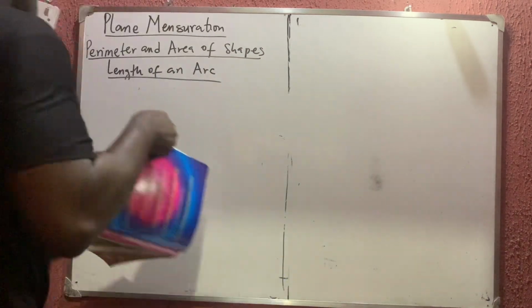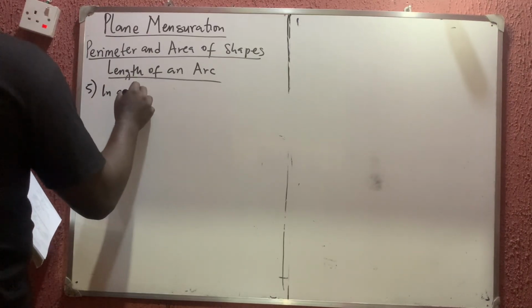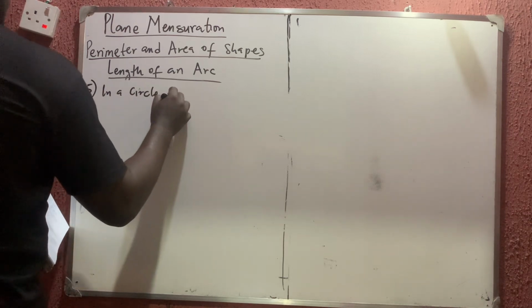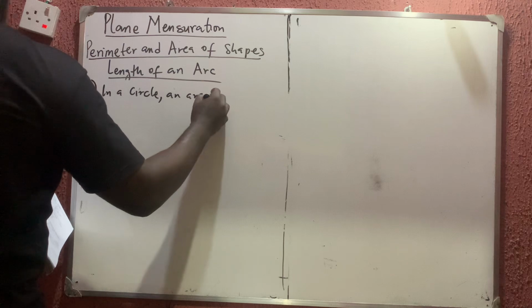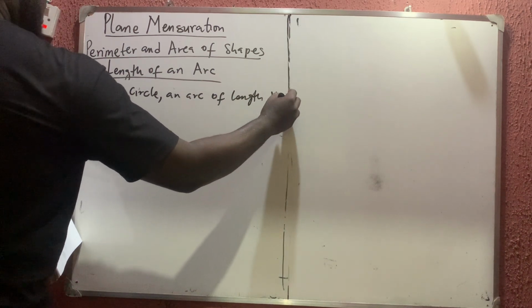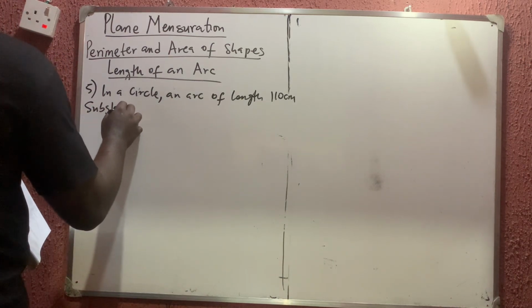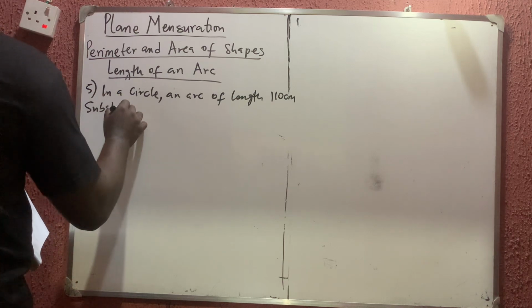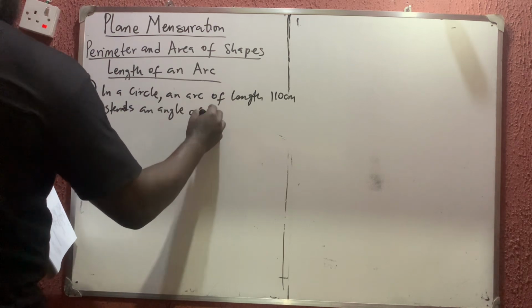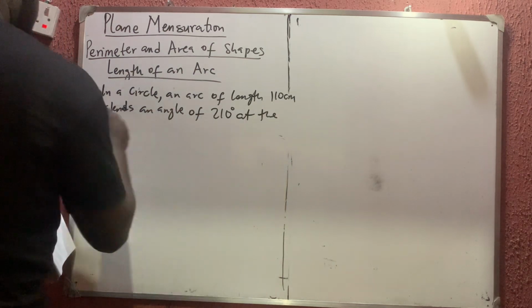Question number 5 said that in a circle, an arc of length 110 cm subtends an angle of 210 degrees at the center.